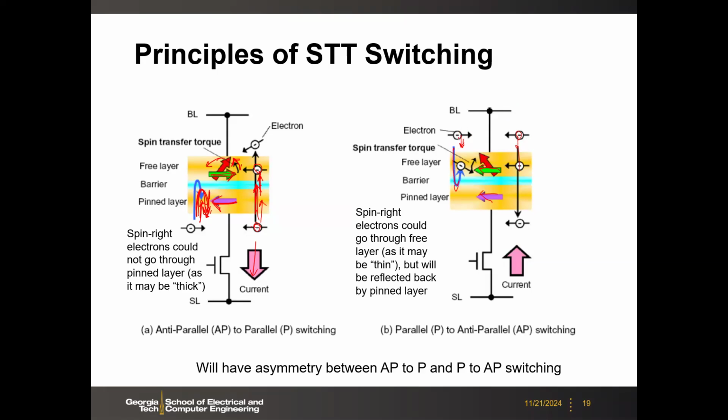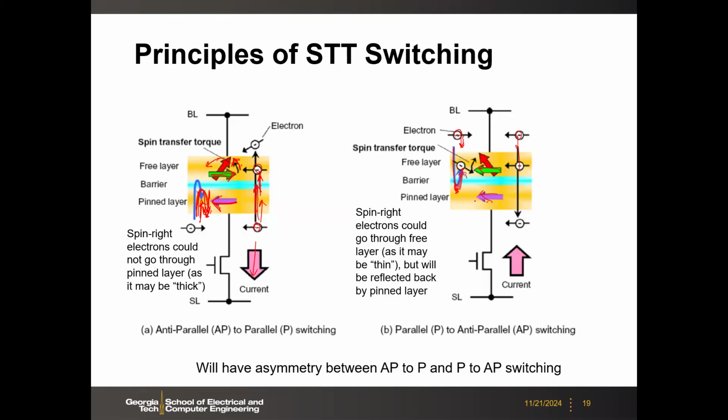And then when the electrons, in this case pointing to the right, reach the pinned layer, because the pinned layer is typically thick and with a strong orientation, these electrons will be bounced back, because this pinned layer will not allow the electrons pointing to the right to pass through.